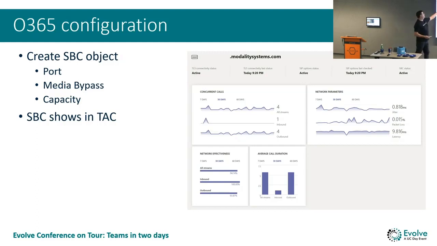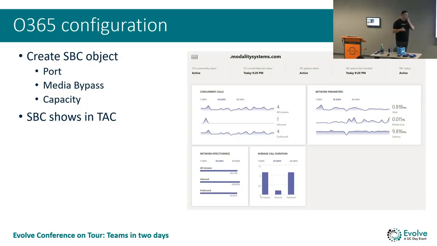You have a little Boolean to set whether you've got media bypass enabled or disabled, and you can create that gateway object with media bypass disabled, test that everything's working, flip that switch, wait up to 24 hours, and then test if that media bypass is working. And the way you would test it is when you have a client making a call through direct routing, if you look in a trace of their traffic, you should see the SRTP data going to the public IP address of the gateway, and that's when you know the media bypass is on.